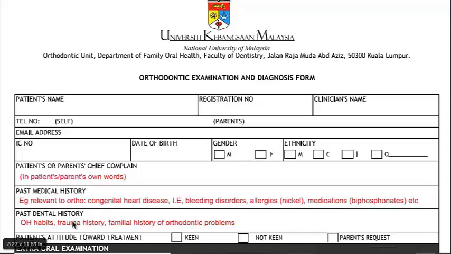For past dental history, you have to note down any oral hygiene habit, trauma history of patient, especially patient with increased overjet, or any family history of orthodontic problem, for example, hypodontia or maybe infected canine. And lastly, you have to note down the patient attitude towards treatment, whether the patient keen or not keen, or it is because parents request.